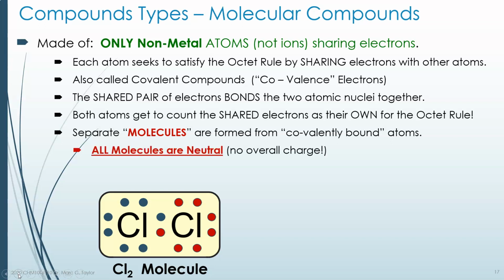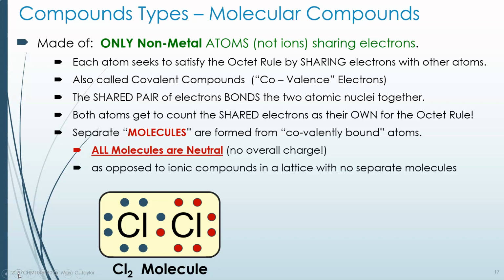So molecules, remember, are composed of atoms that are bound together by covalent bonds. Molecules, just like atoms, are defined as being neutral, no charge. If we put a charge on an atom or on a molecule, we call those ions by definition. So a molecule, you assume it has no charge unless somebody tells you there's a charge.